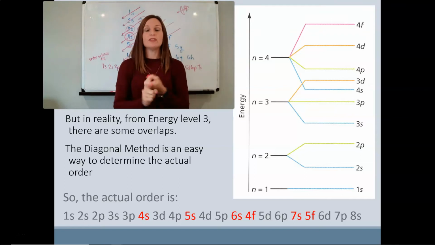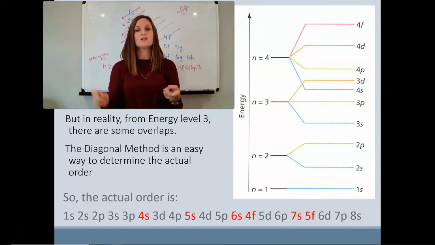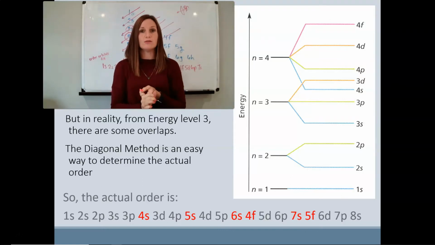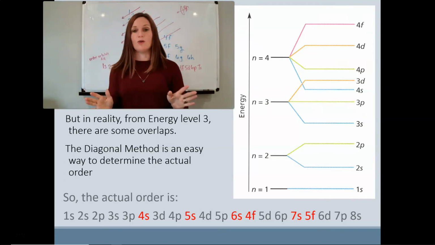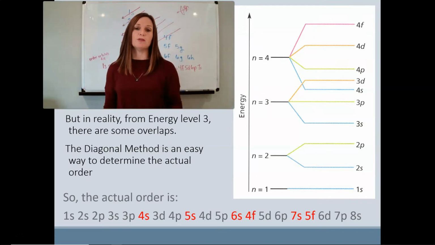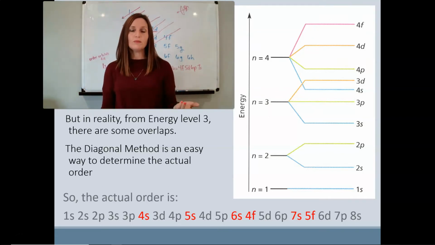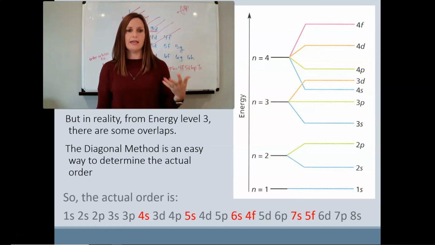So whether you write this on the top of every piece of chemistry paper that you have between now and the test, or you learn how to use it in the periodic table in your book, or whatever you're going to do to know this order, you absolutely must know this order in order to continue in chemistry.